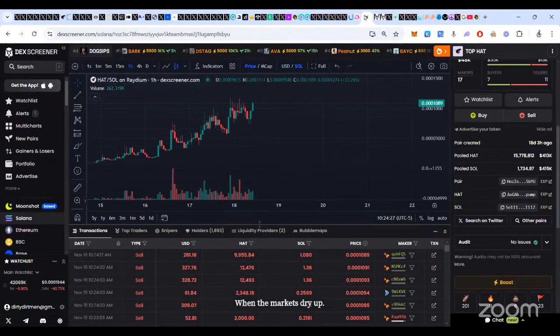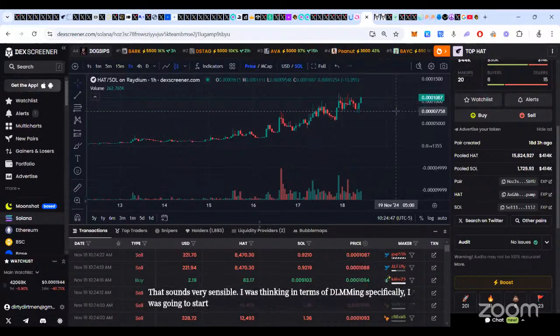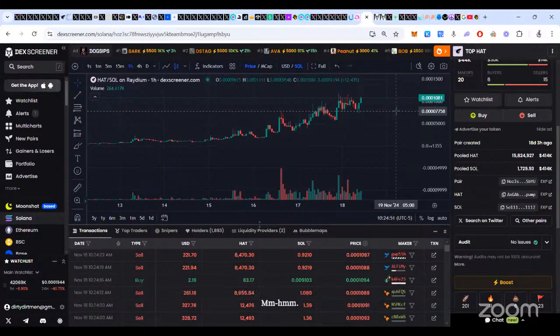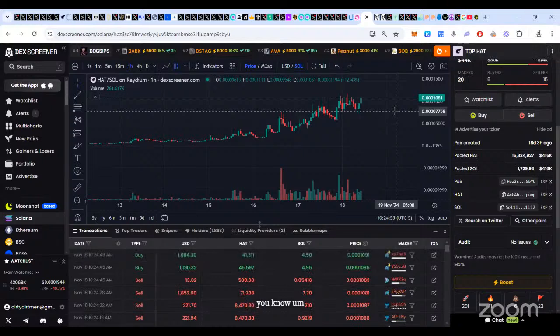That sounds very sensible. I was thinking, in terms of DLMMing specifically, I was going to start switching to USDC to USDT, BTC1 to BTC2, trying to make an income. It might not be 10% a day, it might be 2% a day, but if I've done it half right, my portfolio is X'd from where it is today, hopefully, if the bull run is as good as we all hope.